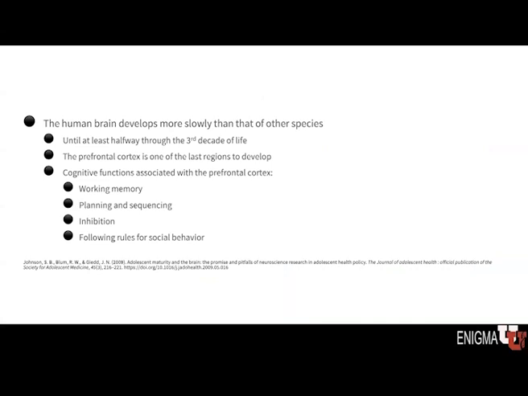As I mentioned, the prefrontal cortex is one of the last regions to develop. And as I mentioned, the frontal lobes are associated with executive functioning and other cognitive functions, such as working memory, inhibition of inappropriate responses, following the rules for social behavior, and so forth.